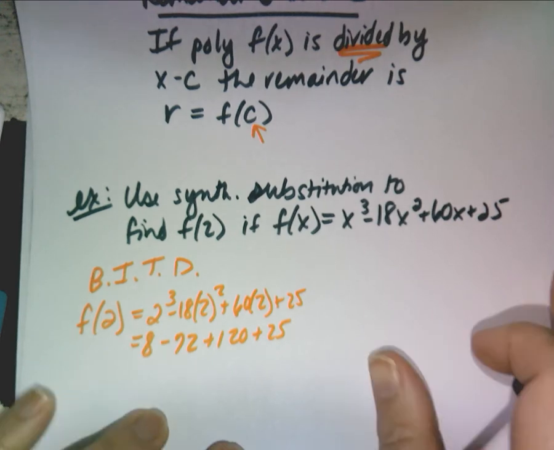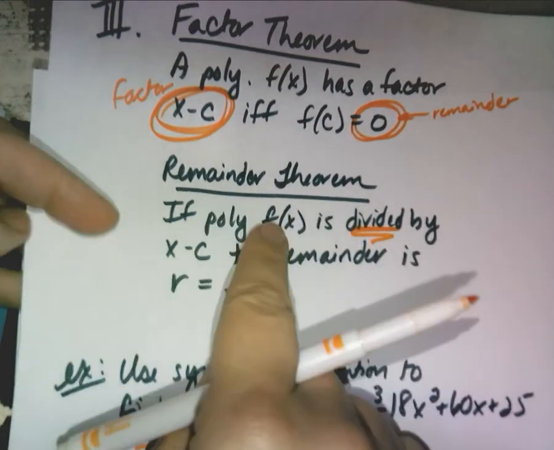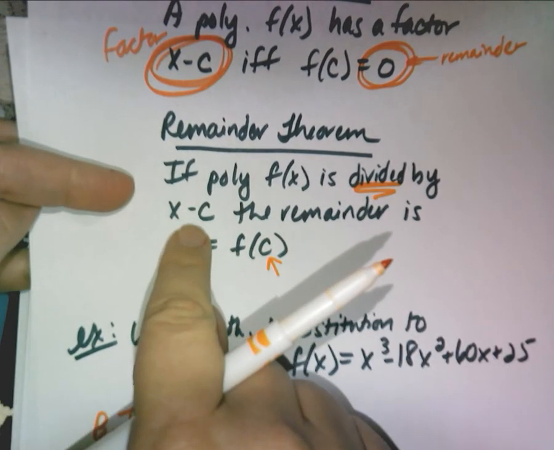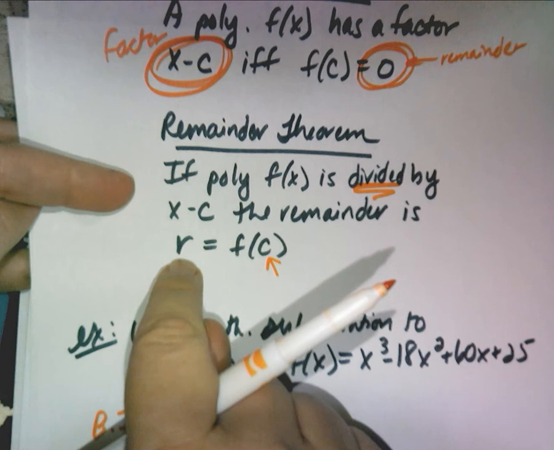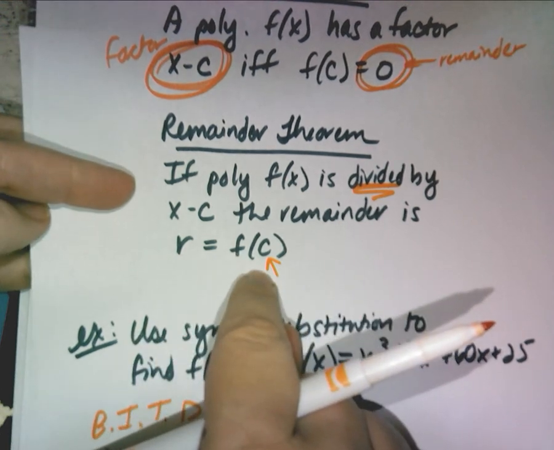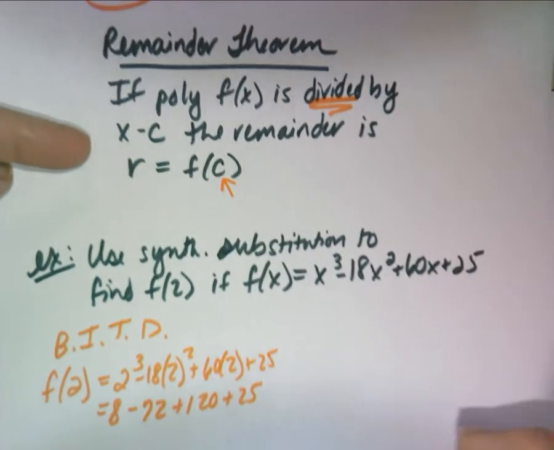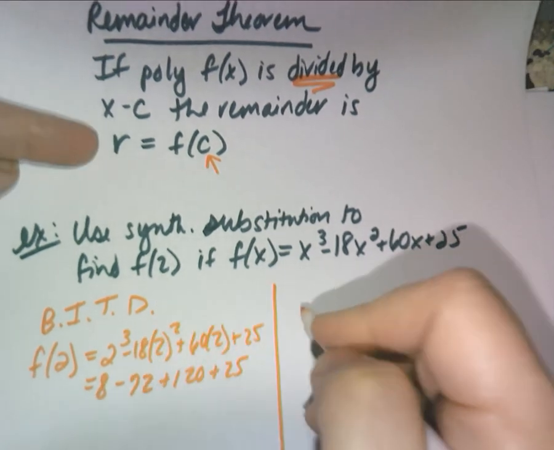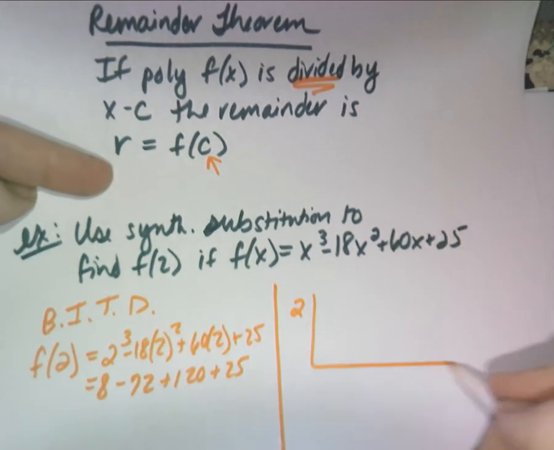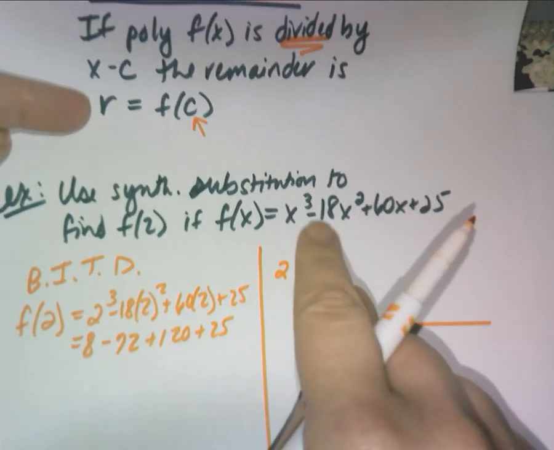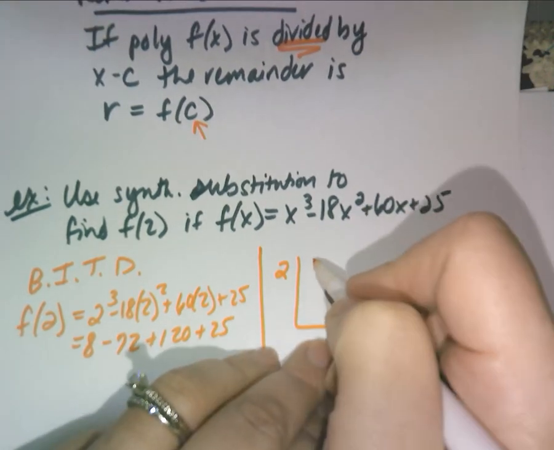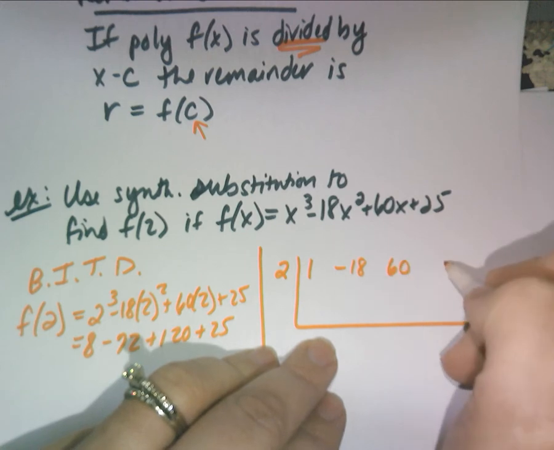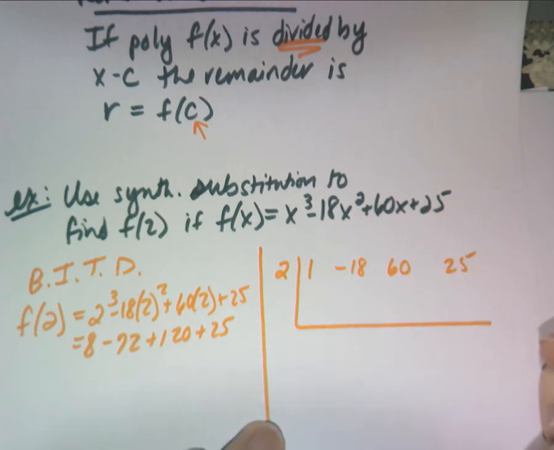Okay. Here's what the remainder theorem says, just wait for it. Had you divided, the remainder is your answer. Wait, what? Take 2 and do synthetic division. 1, negative 18, 60, 25, okay?